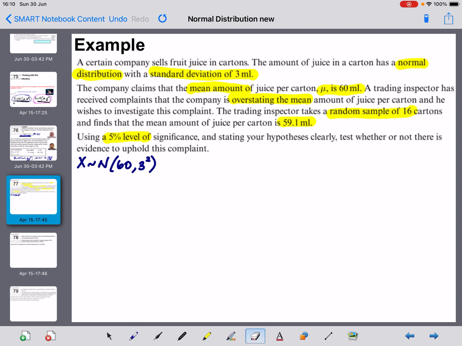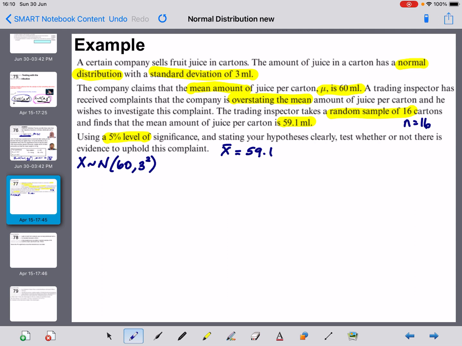We have a sample of 16, so n is 16, and that 59.1 is our sample mean. So that's the observed value of the test statistic.